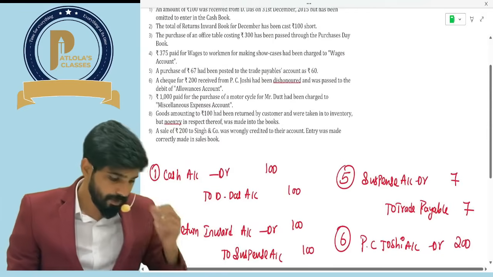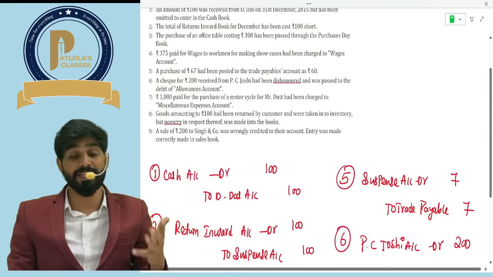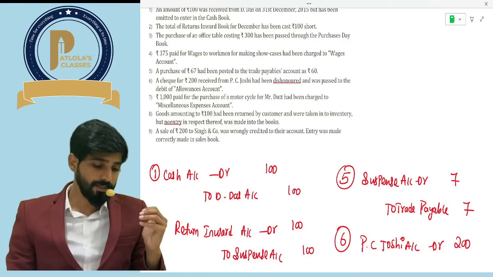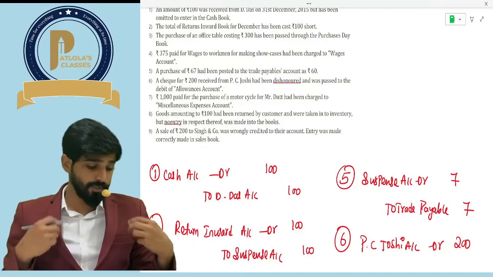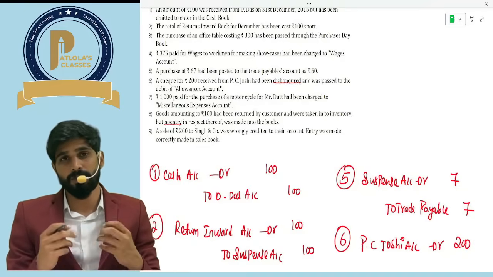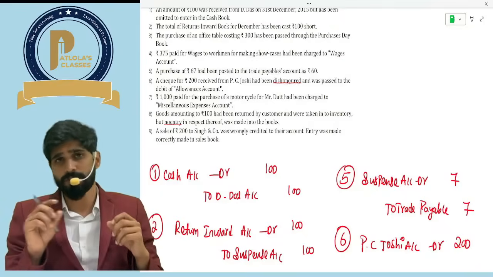Next, coming to the eighth one. Goods amounting to 100 have been returned by the customer. If the customer is returning, that will become sales return. It was taken into the inventory, but no entry is passed. Here also, once again, I want to assume that it is a complete omission. Whenever it is a sale, it is customer account debit to sales.